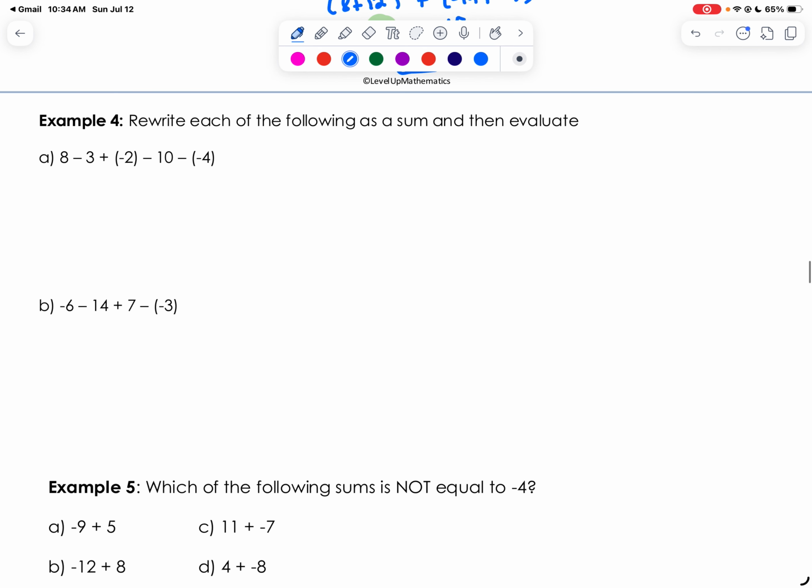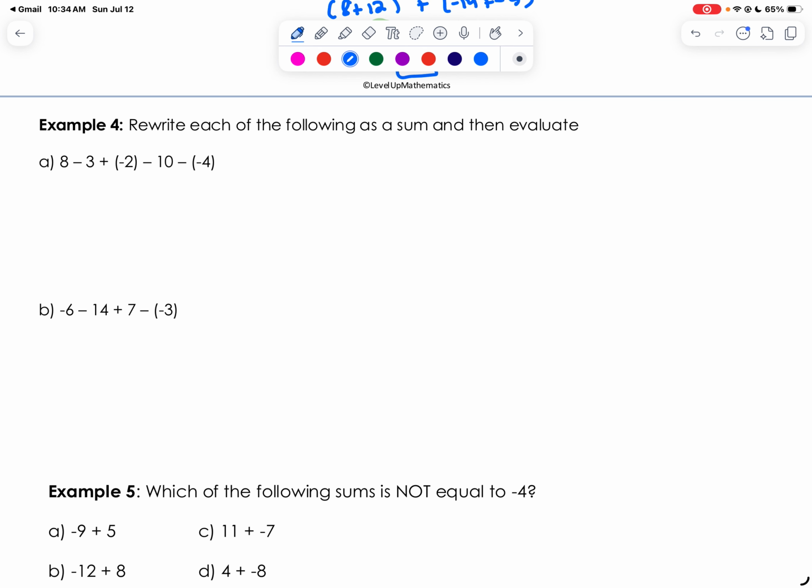All right, example 4. Rewrite each of the following as a sum and then evaluate. So the first thing I want to do is see where are my subtraction signs. Well, I have one there, and one there. So to work this problem, I have to rewrite it as an addition of the opposite. So the first number stays the same, 8. The subtraction becomes addition.